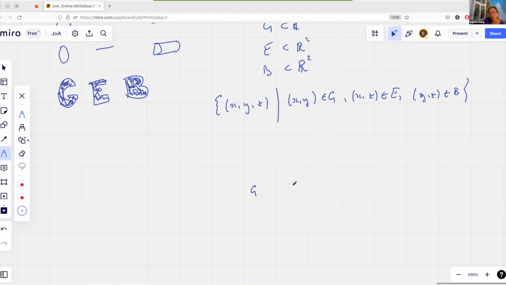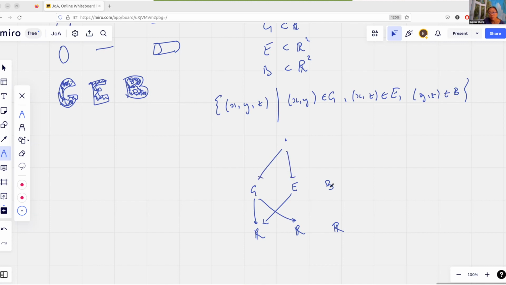And if we drew this as a universal property, what we would be saying, I think, is that there are these sets G, E, and B, and we want to take points in R cubed. So here are the 3 coordinates of R. G has 2 coordinates, here's its X coordinate and its Y coordinate. And E has 2 coordinates, and we want the first coordinate of E to be the same as the first coordinate of G. So we want this diagram to commute.